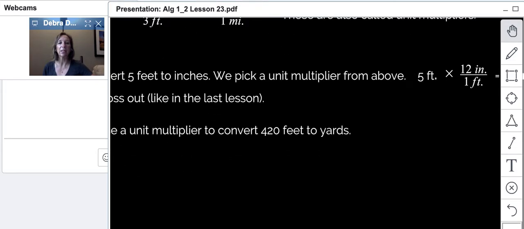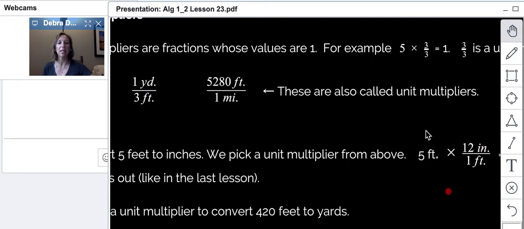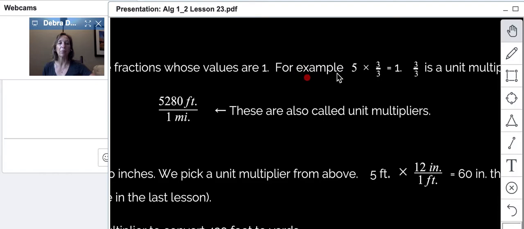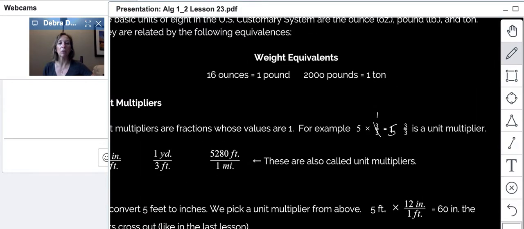Now you can't really see it here because my fractions are so tiny, but over here I have a problem. 5 times 3 over 3 doesn't equal 1, it equals 5. Let's fix that. Equals 5, because it's the same as multiplying by 1. So 3 over 3 is a unit multiplier.